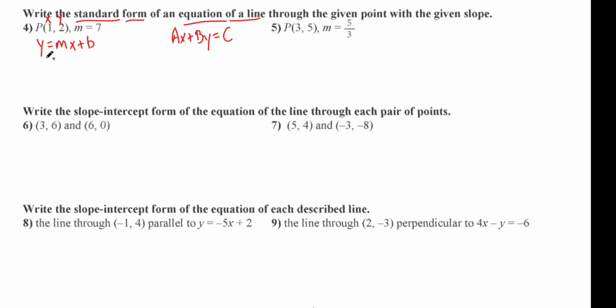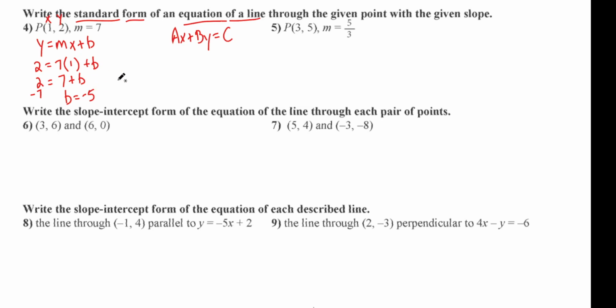So let's plug the stuff in. What am I plugging in for y? 2. So 2 equals m, 7. What is that m and that x doing to each other? They're multiplying. What's x? It's a 1. And then plus b. Now I solve for b. 2 equals 7 plus b. Subtract 7 from both sides. What's 2 minus 7?